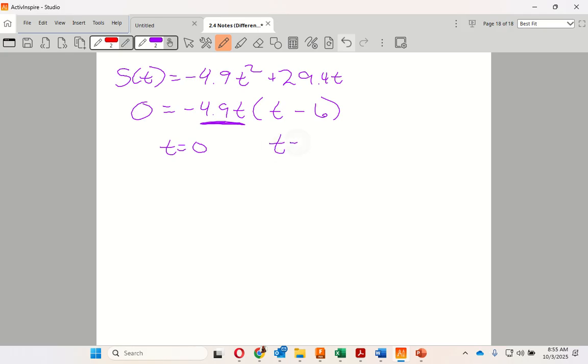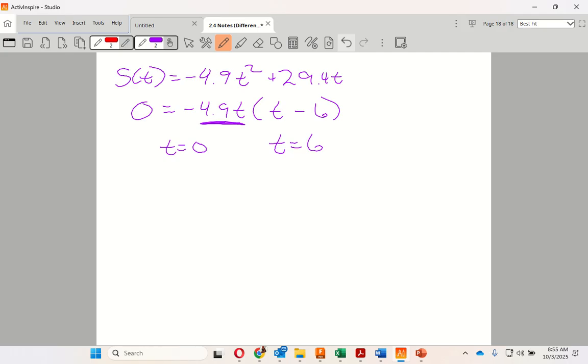So t equals 6. In regards to this problem, at t equals 0, it's starting on the ground, and at t equals 6 is when it comes back down. So it's in the air for 6 seconds. You're just finding the zeros.